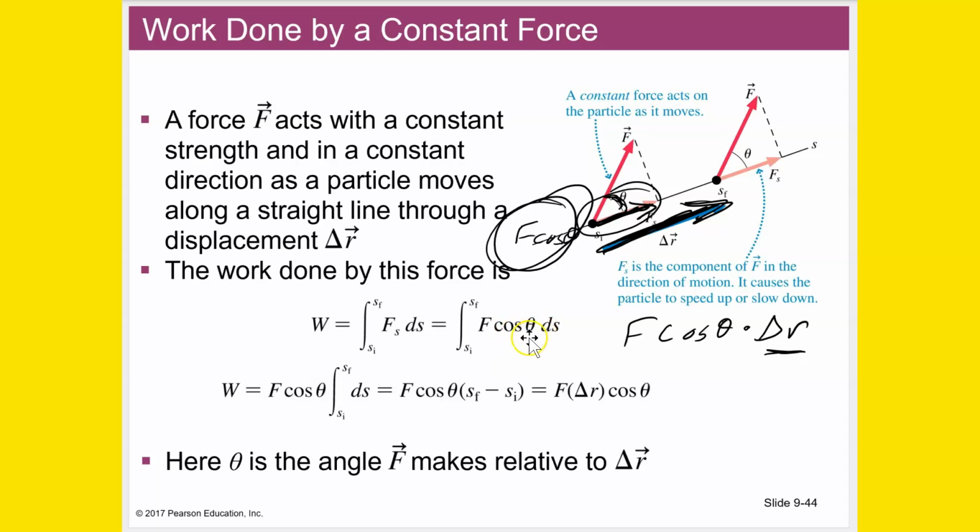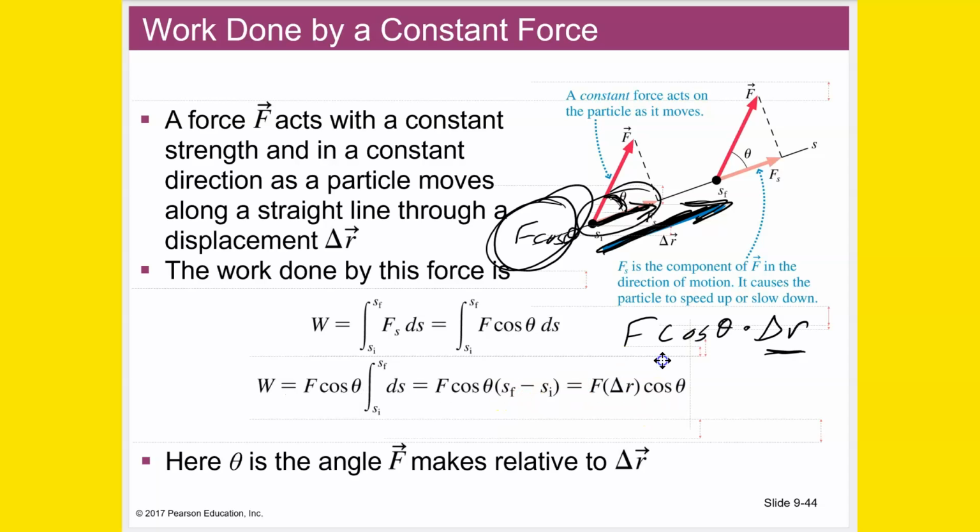Notice we're not integrating with respect to theta. We're integrating with respect to s, which is why F cosine theta is outside. Theta is not a variable here, it's a constant. That whole thing can come outside of the integral, and we just integrate with respect to s, which again just becomes this constant times the final position minus the initial position, which simplifies down to that.